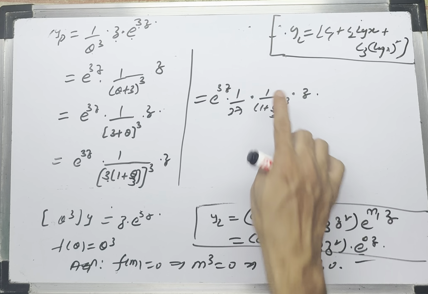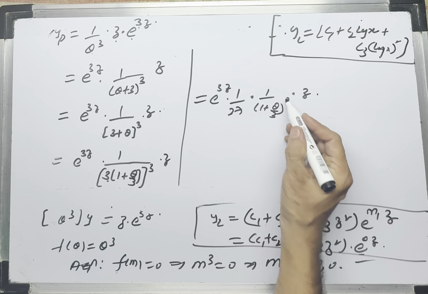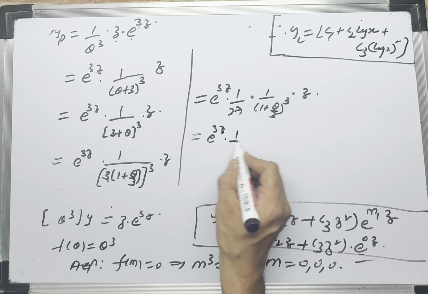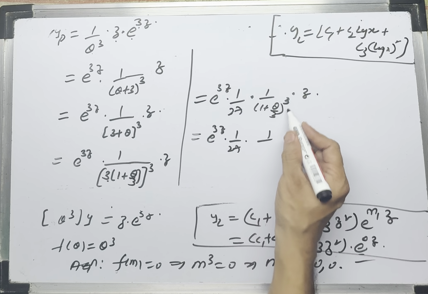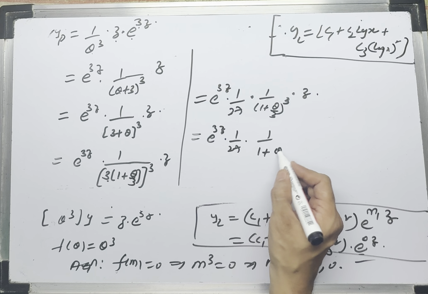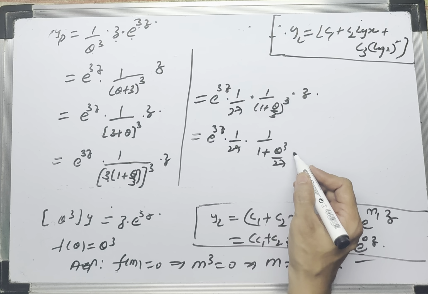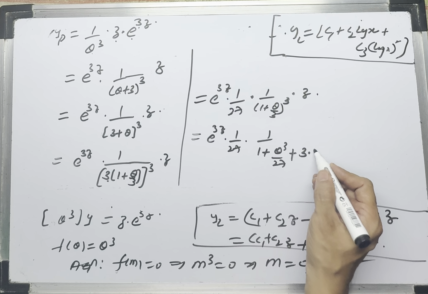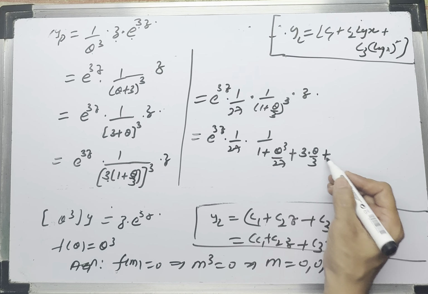You can do one more thing here, to remember one formula. A plus b whole cube, a cube plus b cube plus 3ab plus 3a square b plus 3ab square.